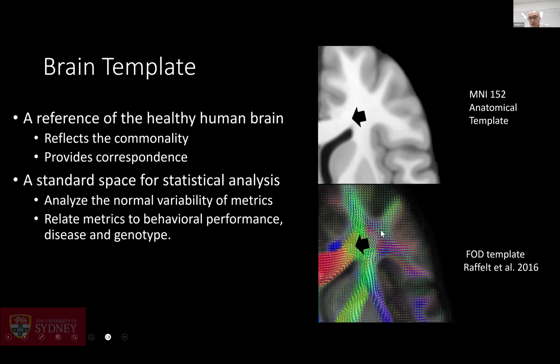However, if we look at the superficial white matter, or the regions which are close to the gray matter, or even in the gray matter, it's easy to see that we lost the specificity. We lost the folding pattern, and we got quite blurry gray matter white matter boundary.